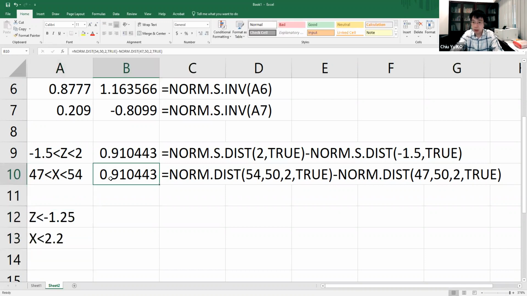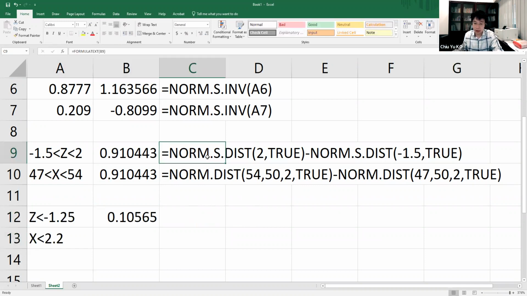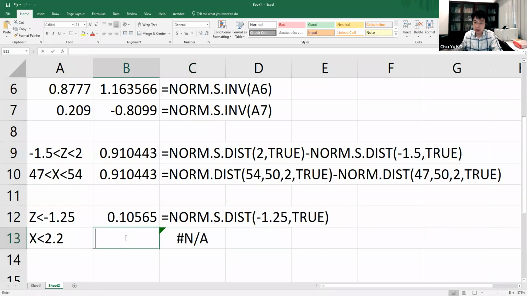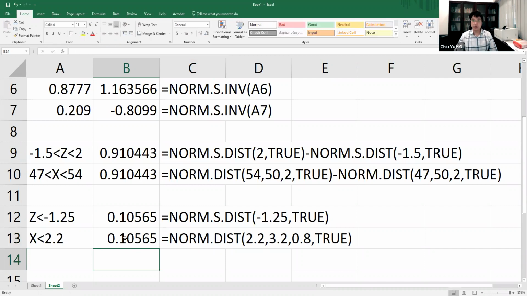We have NORM.S.DIST of negative 1.25, true. Alternatively we have NORM.DIST of 2.2, mean is 3.2, standard deviation is 0.8, and true. Regardless of the way, that is the answer. So the answer is A, closest to 0.1.